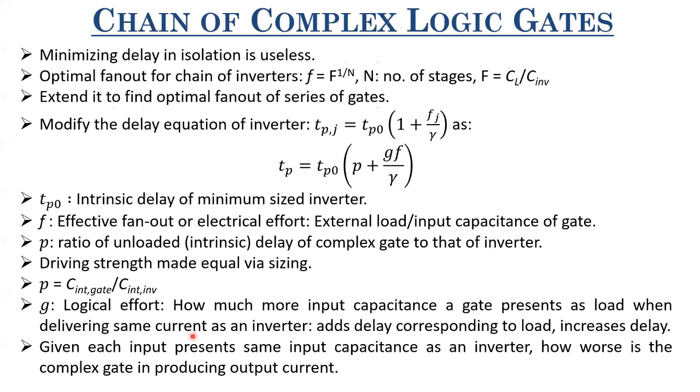So they are just duals of each other. In one case we equalize the driving capability and look at the input capacitance. In the second case, we equalize the input capacitance and look at the driving current. Both represent the same thing, which is called G, known as logical effort.